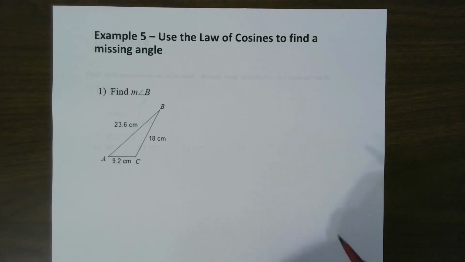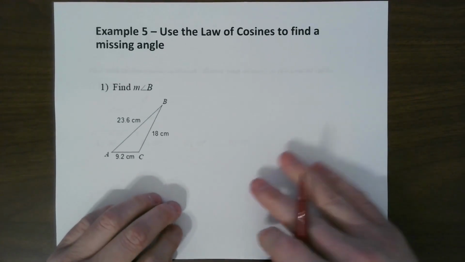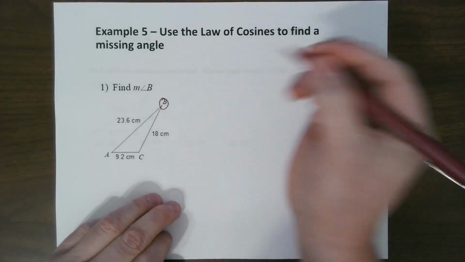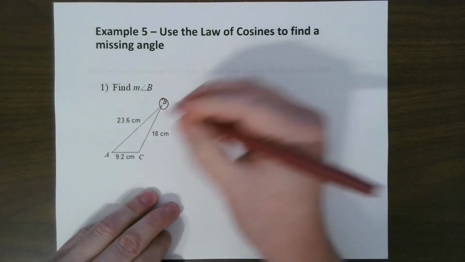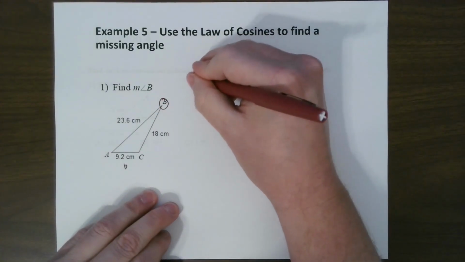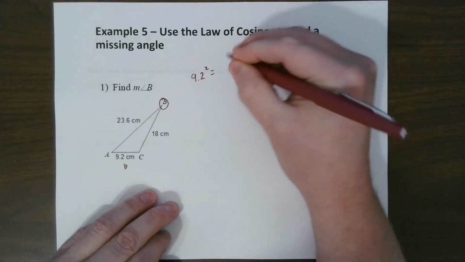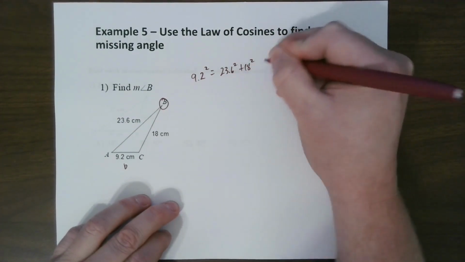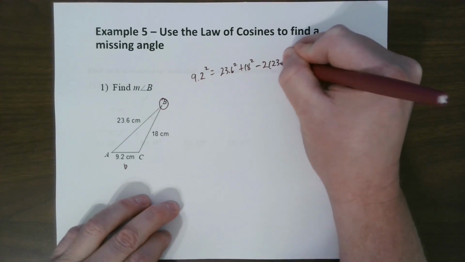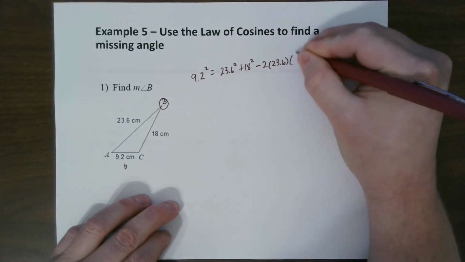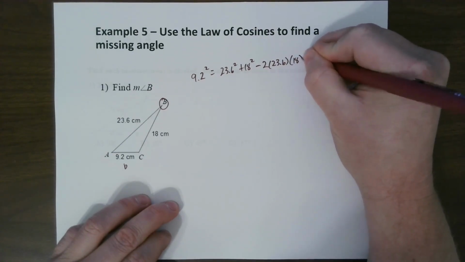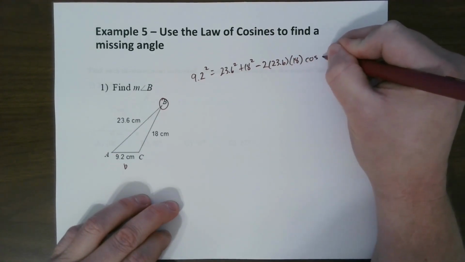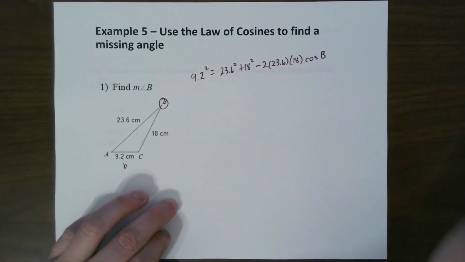Now, to find a missing angle with law of cosines is actually kind of annoying, but it's all right. So what we're going to do is try to find B here. So we know 9.2 is the other B. So we go 9.2 on the outside squared equals 23.6 squared plus 18 squared minus 2 times 23.6 times 18 cosine of B, what we're trying to find.